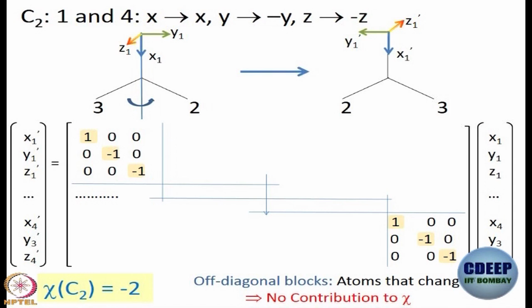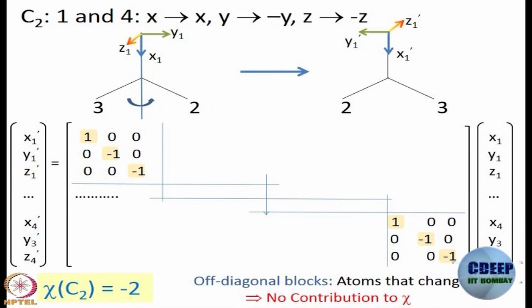So, this is the transformation matrix I get. I do not worry about anything else. The only thing I worked out is this: for x1 there is no change, for y1 it becomes minus y1, for z1 it becomes minus z1. So, that block is 1 0 0, 0 minus 1 0, 0 0 minus 1, and you will have an identical block for atom 4, because atom 4 also does not move.